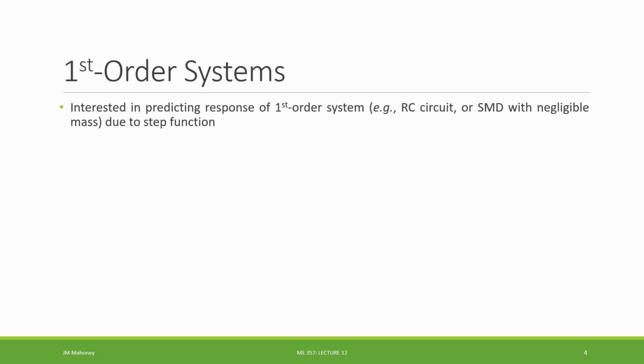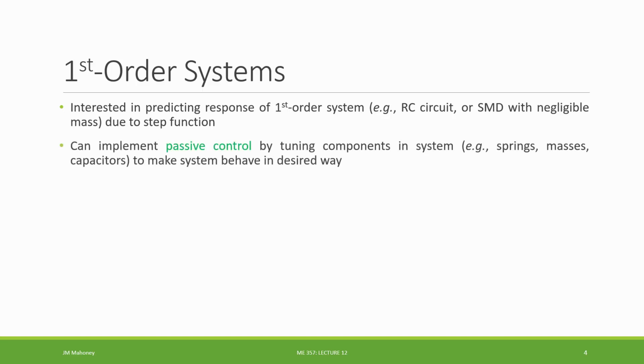So we're interested in analyzing this because we can implement for now what I will call passive control, which is we're going to be able to tune or select the parameters of elements of our system in order to get some desired response in the system.